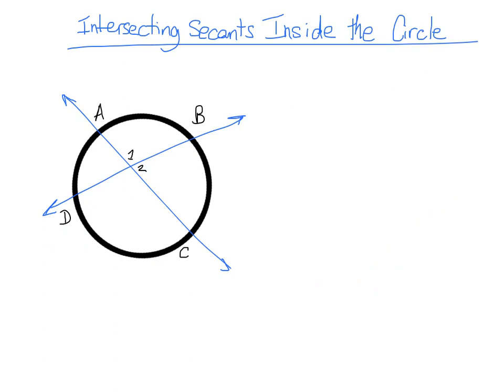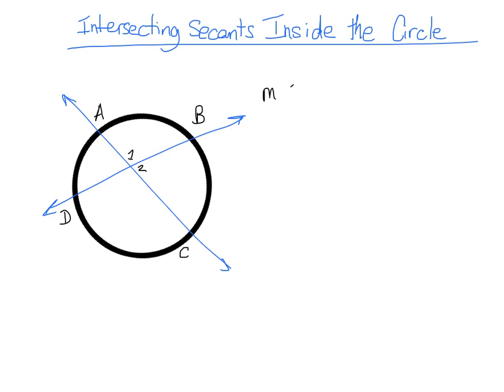Okay, so here we have two secants and they're intersecting each other inside the circle. And this intersection is creating some angles and some arcs. So here's what we need to know about the angles that are formed by intersecting secants inside the circle. I'll write it down using angle 1 first, and then I'll explain.